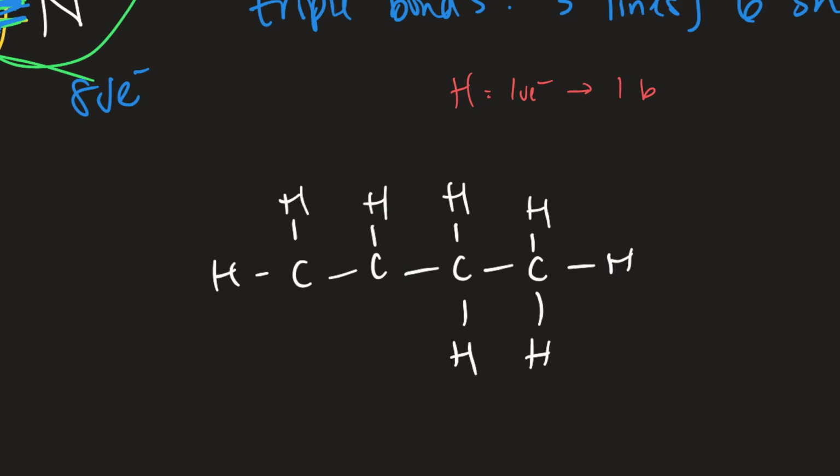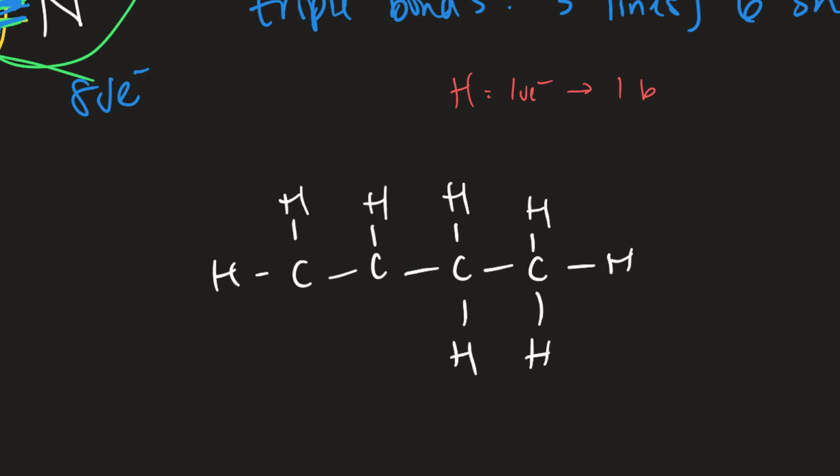Now let's turn our attention to these other carbons. This carbon only has access to 3 bonds. This carbon also only has access to 3 bonds. So the question is, what do we do from here to make sure that these carbons all have access to 4 bonds, or access to 8 electrons?